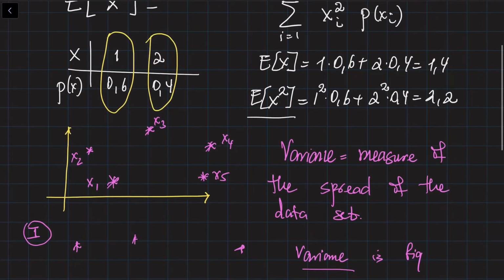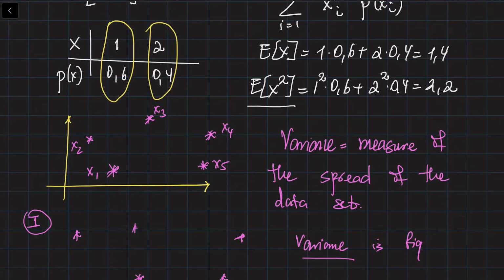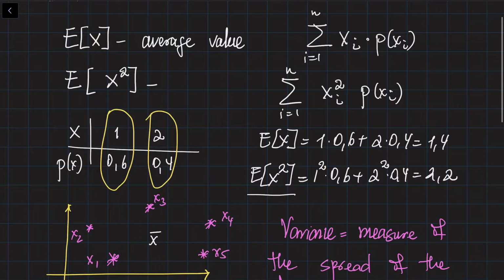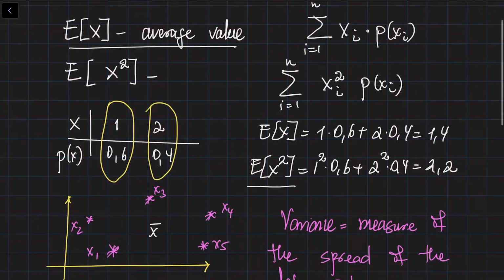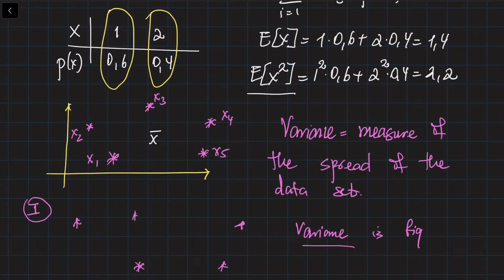One of the ways to do this would be to find, for example, the mean, which is going to be the expected value, right? If you remember, the expected value gives you the average value of your data set. For example, if you're looking at the data set of the heights of the students or the grades of the students after some exam, the average value is the expected value.